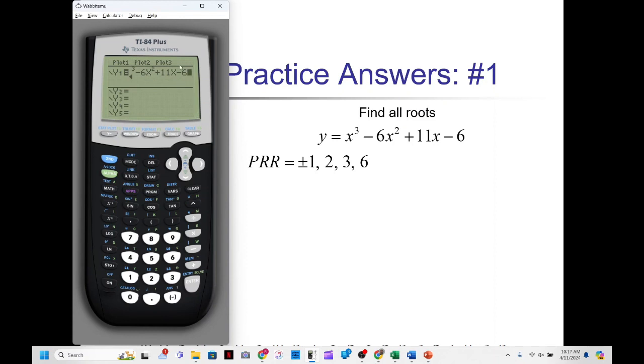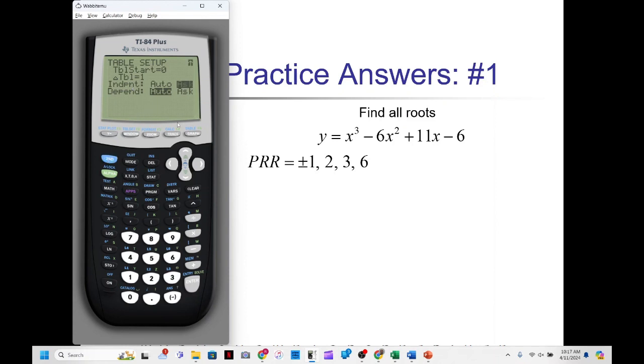Now to plug things into this quickly, if I'm plugging in a bunch of things, I'm going to quit out of there, and I'm going to go to second table set, and then for this independent part, I'm going to switch that over to ask. So instead of generating all the different x values that I'm plugging into my function, automatically it will ask me for the x values, and I can choose whatever I want, even if I have things that are not right next to each other.